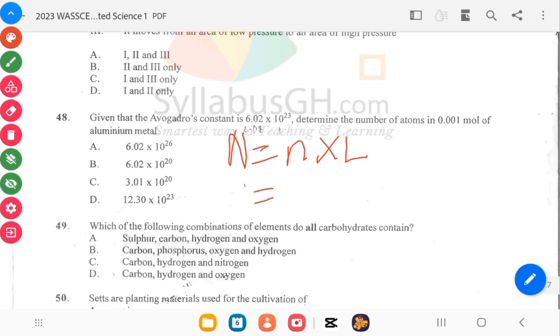So we have 0.01 times 6.02 times 10 exponent 23. So we'll end up with B.